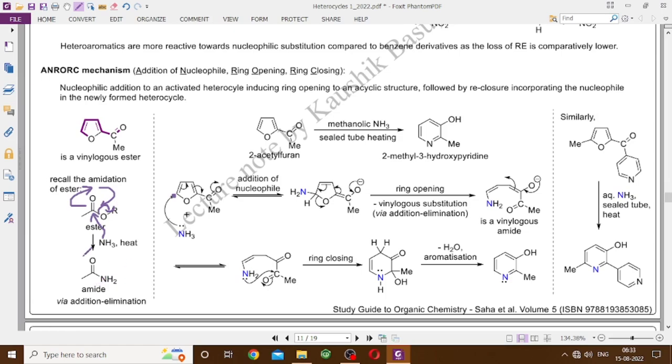We get the amide. That's the addition elimination pathway. This is the same pathway except for the fact that it is a vinylogous variant.